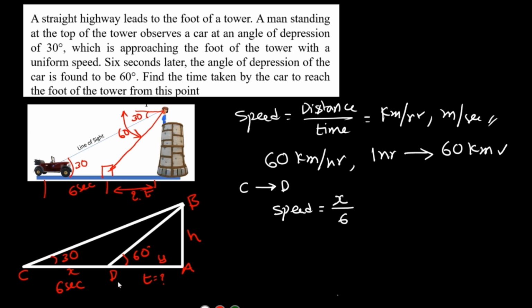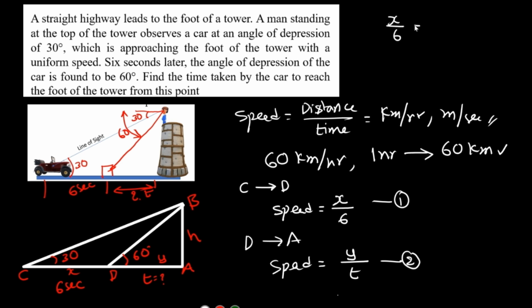Let's do the same for traveling from D to A. The distance covered is Y. The time taken is T, because we don't know the time and need to find it. In the given problem, he is traveling at a constant speed, so these two expressions are equal. There is no change in the speed. That is why X by 6 equals Y by T, which implies that X by Y equals 6 by T.